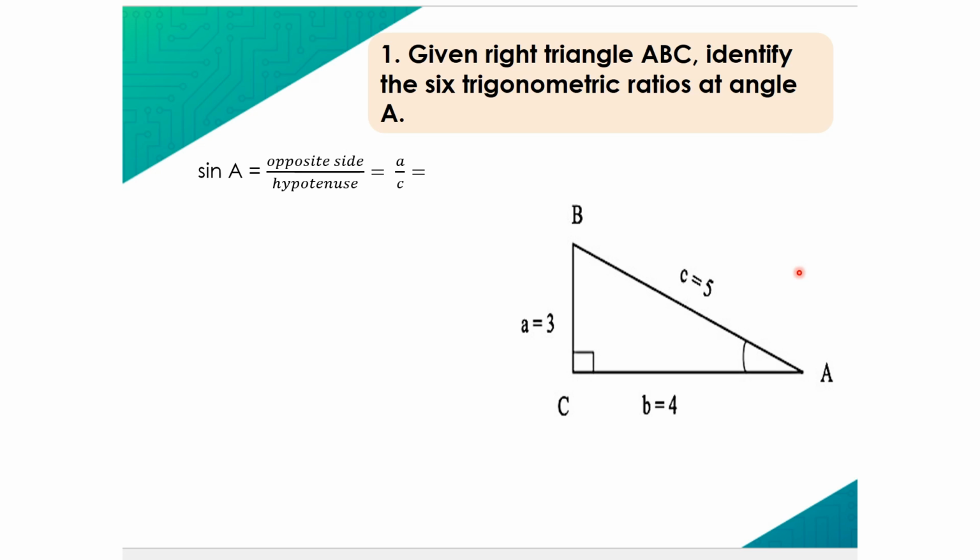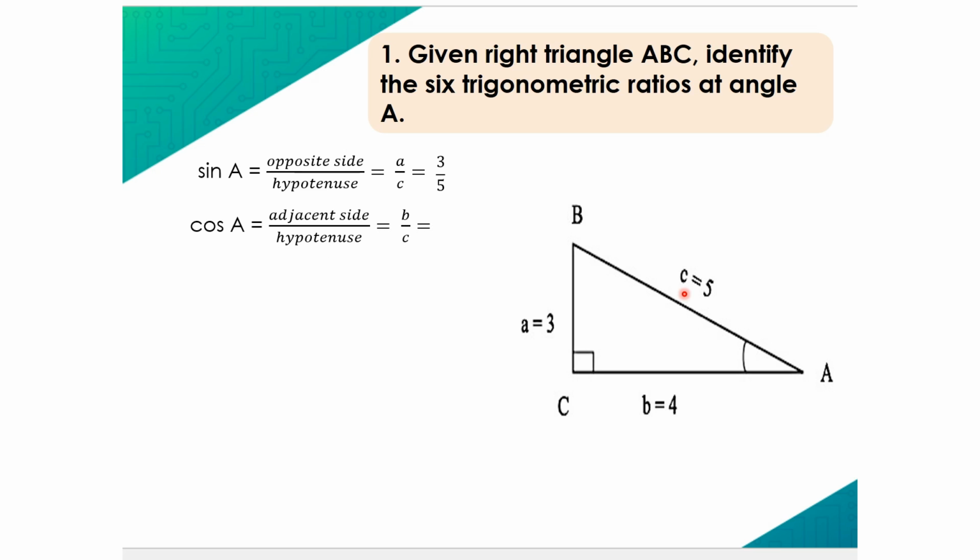So this is our reference angle. Its opposite side is 3, and the hypotenuse is 5. Meaning, sine A would be equal to 3 over 5.